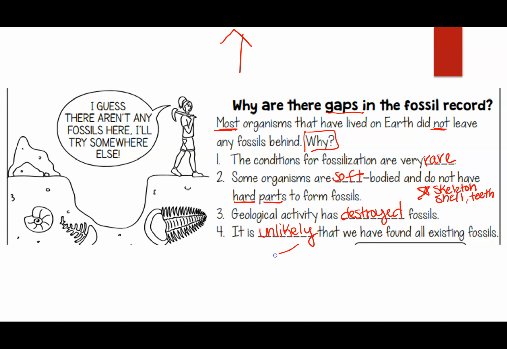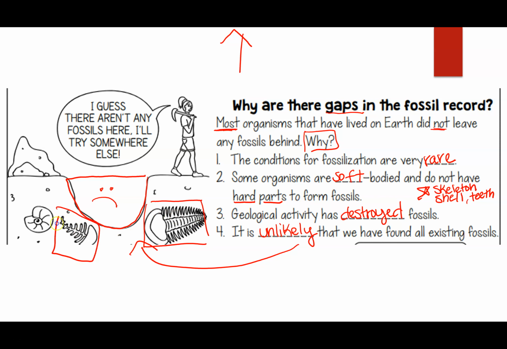So that's when we come over here to this picture, okay? Here's a paleontologist who's looking for fossils, and they're digging in one specific spot, but they don't find anything. Ooh, sad. I've been on many expeditions like that. Don't find anything at all. Guess there aren't any fossils here. Ooh, well, I'll try somewhere else. Well, guess what? There's lots of fossils.